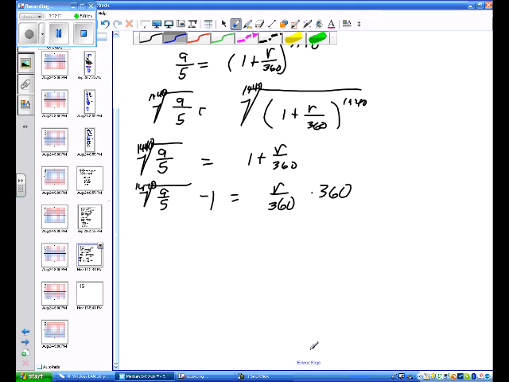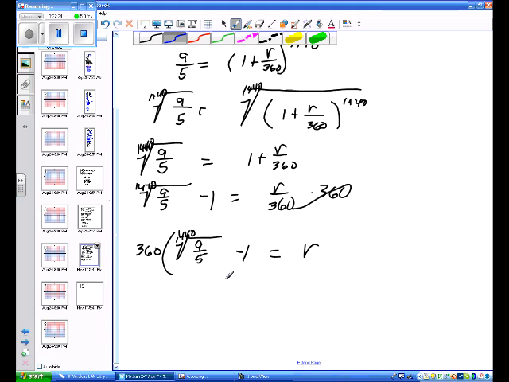So we're going to have 360 times the 1440th root of 9/5 minus 1 equals r.